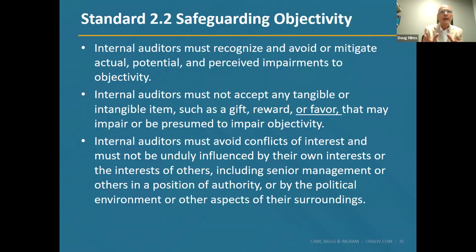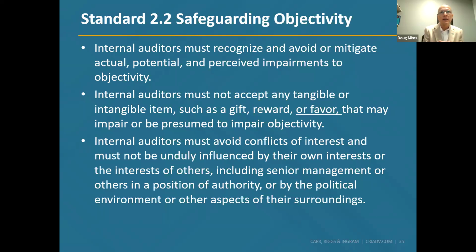So you cannot accept from an auditee a tangible or intangible item, gift, reward, or favor that may appear or even be presumed to impair objectivity. So you just have to be careful with that. That would include Braves tickets and things like that, I would think.